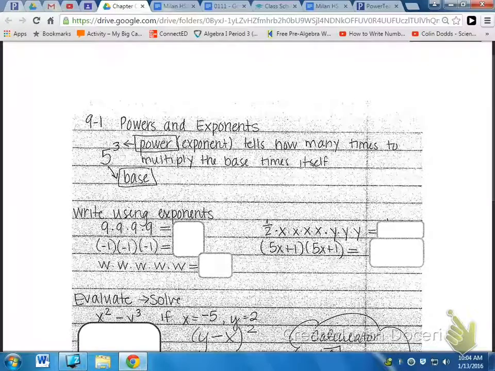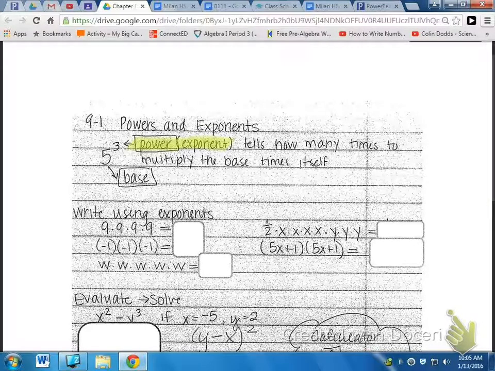We're going to start off Chapter 9 today with Lesson 9.1, Powers and Exponents, and just some vocabulary that you need to know. If you see 5 with a 3 up above it, the 3 is known as a power, which is also called an exponent.